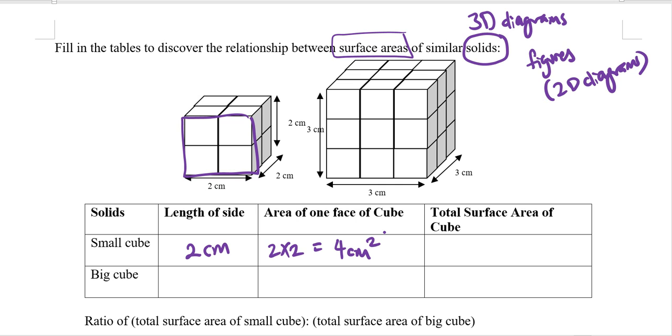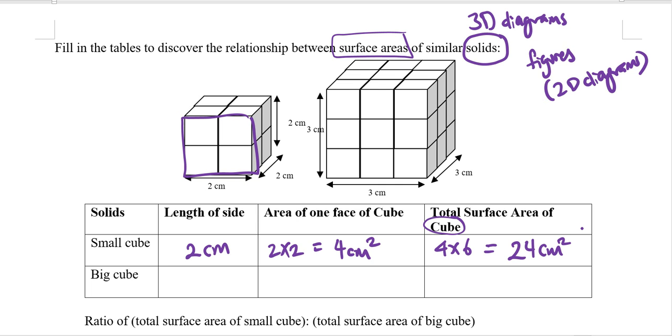which is 4 cm squared. And when it comes to total surface area of a cube, how many surfaces will there be? If we count the cube, there are a total of 6 surfaces: 1, 2, 3, 4, 5 at the back and 6 at the bottom. So I can say that it is 4 times 6, and the total surface area will be 24 cm squared.